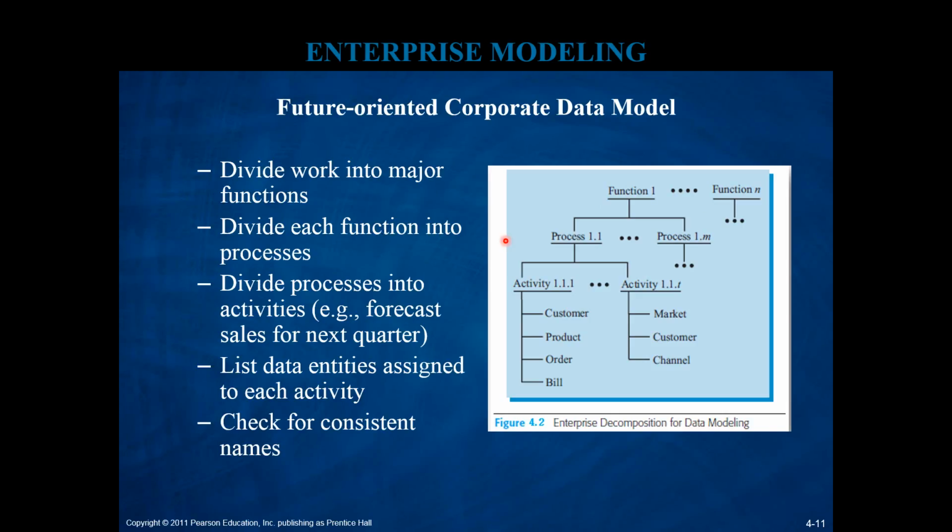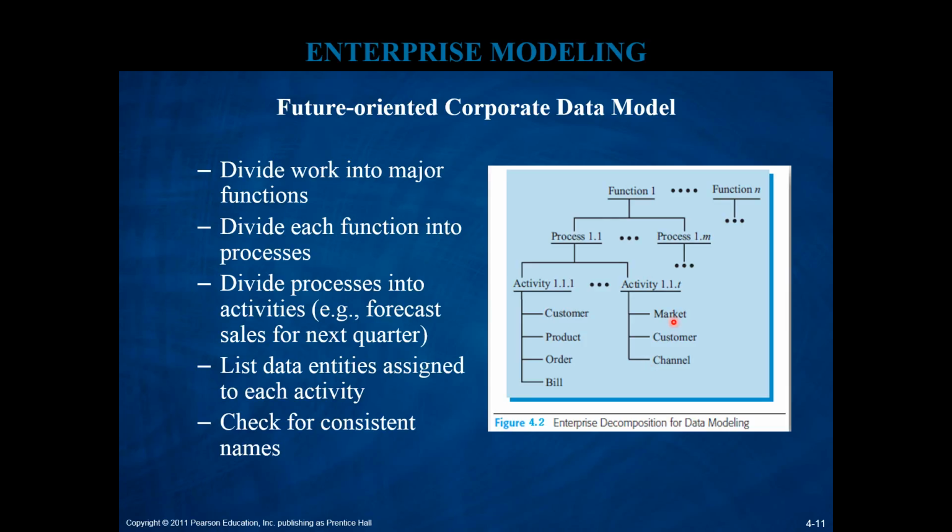Okay? And then each function is subdivided into broad functional processes. Within each functional process, you also find specific activities. And then for each activity, you list specific data entities associated with, or used by, each of the activities. For example, in this case, it's data about customers, products, orders, and bills.